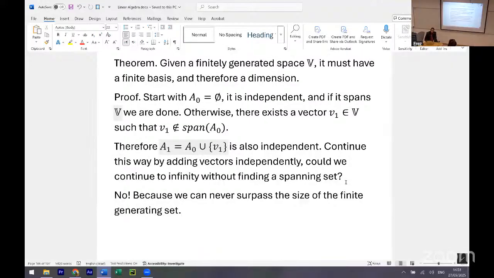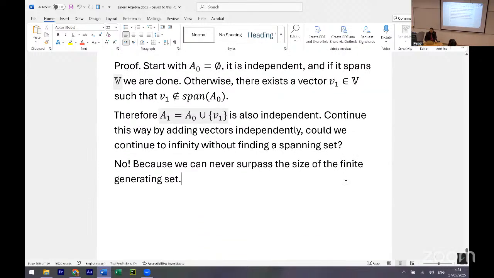And so we have basis and we have dimensions. Any questions so far? I didn't fully understand what we were trying to prove here. There exists a basis for the finitely generated vector space. Yes. Okay.